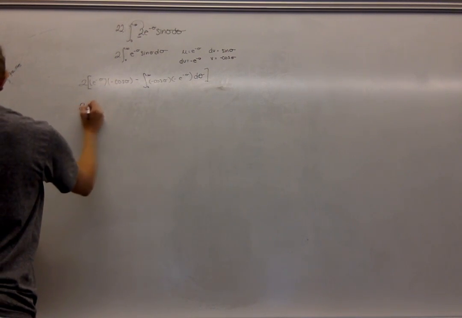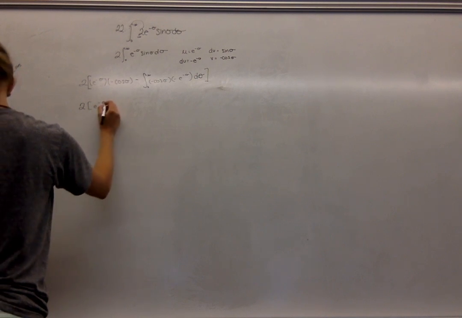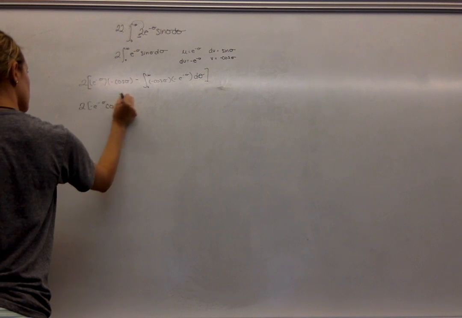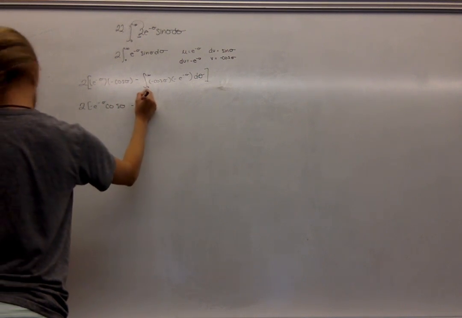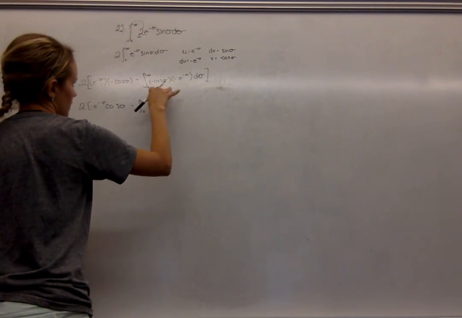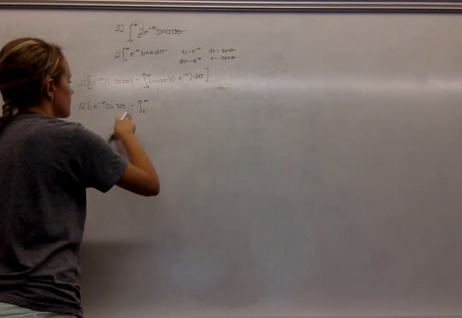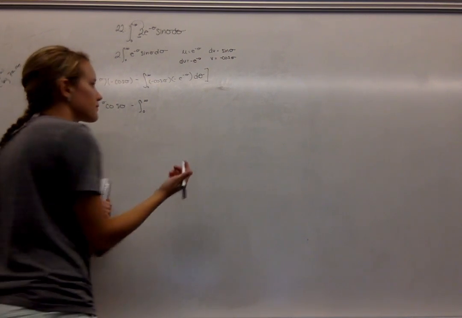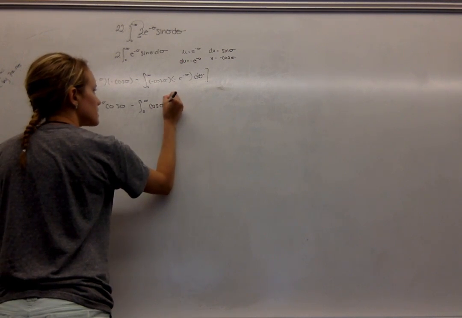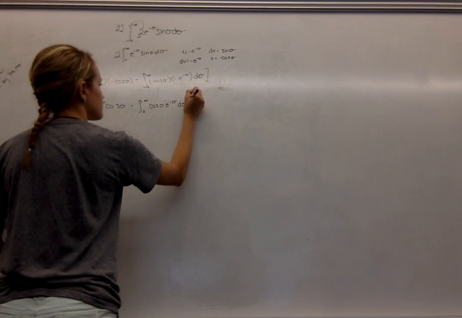So this becomes 2 times negative e to the negative theta cosine theta minus the integral from 0 to infinity. Negative times negative is positive, but there's this negative right here, so it's a negative: cosine theta e to the negative theta d theta.